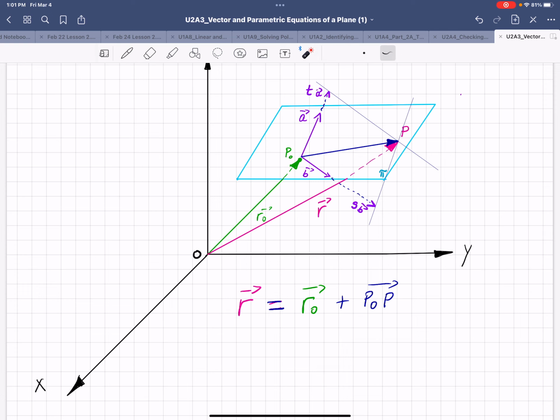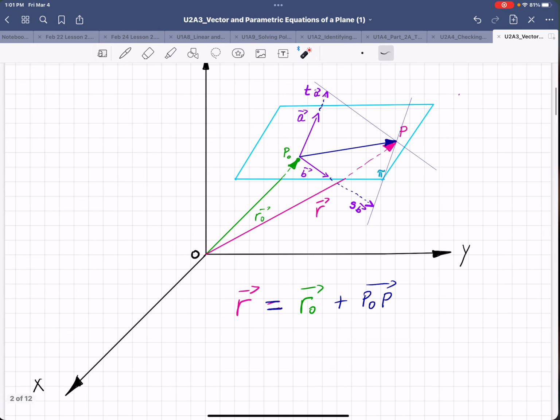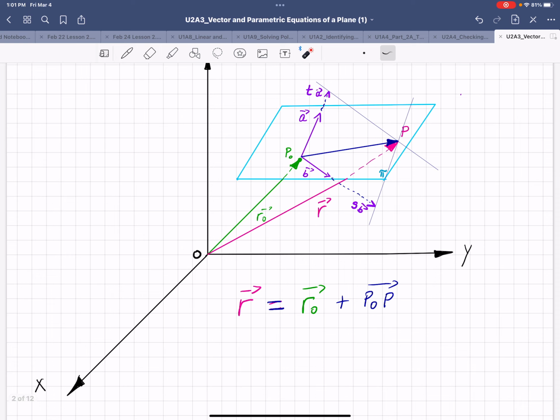So again, just to summarize everything, we start off with some vector r0. Here goes vector r, which is any vector on the plane. R0 is a fixed vector. So vector r, which is any vector on the plane, can be described as the sum of r0 and P0P. P0P will be on the plane because both P0 and P are on the plane.